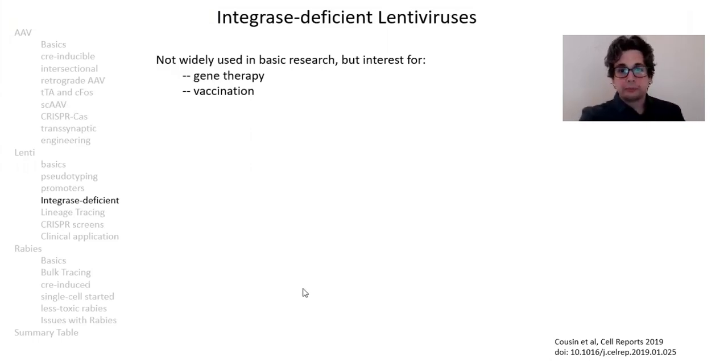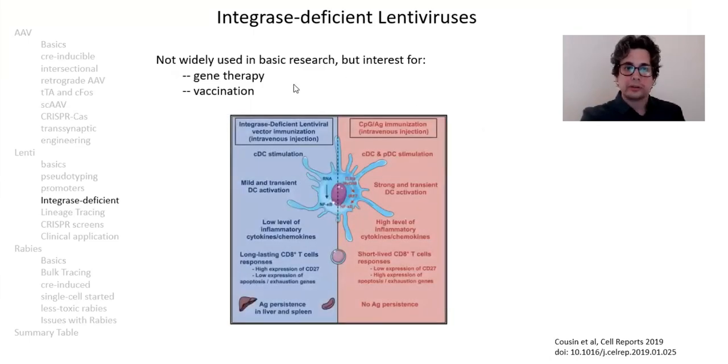Recently, there's been some movement in terms of making lentiviruses integrase-free, so they would not integrate into the genome. This wouldn't be super necessary for basic research, but would be very important for gene therapy and vaccinations. In particular, there was one paper that found you can express genes much longer and much more stably in terms of producing a vaccine in the system than you could with a more traditional approach.